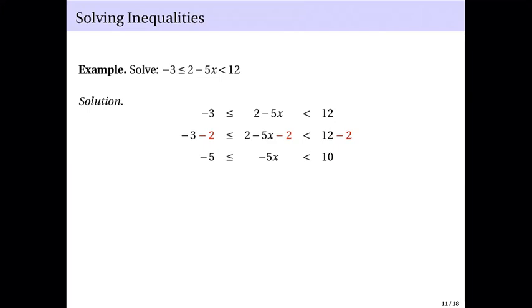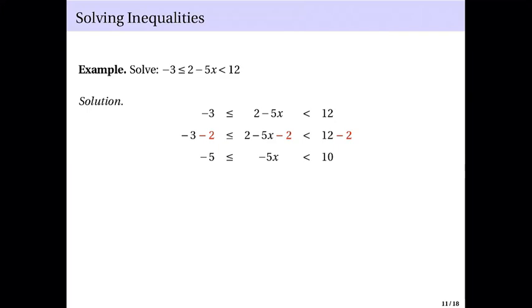Now, the coefficient of x here is -5, so we multiply by the reciprocal of the coefficient. If we multiply by -1/5 in the middle, we do that also on this side and on this side.